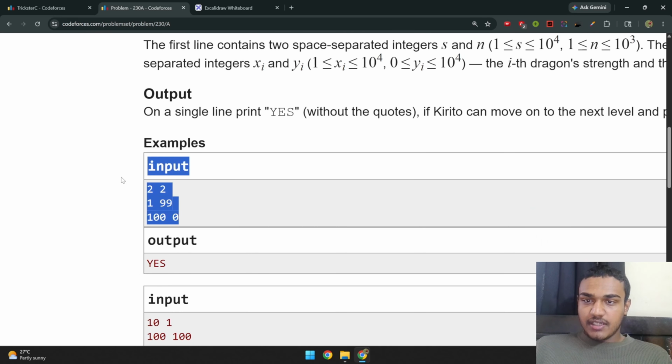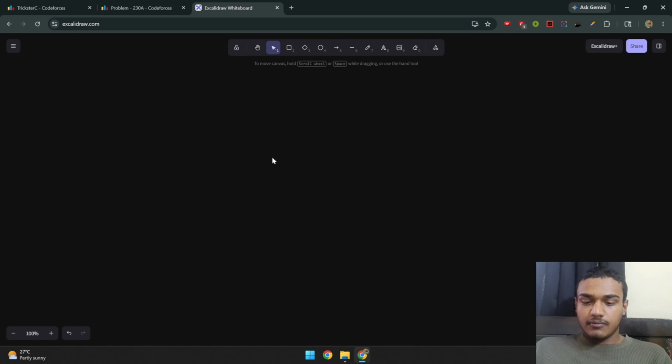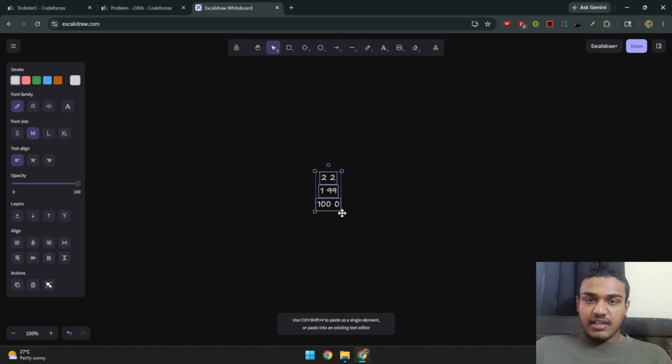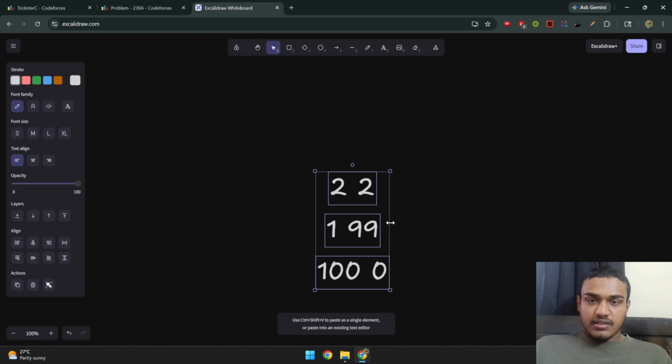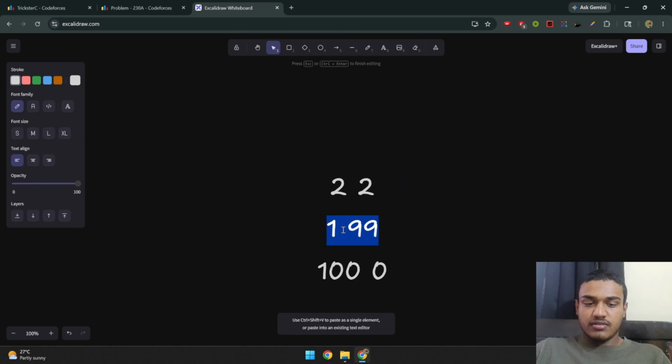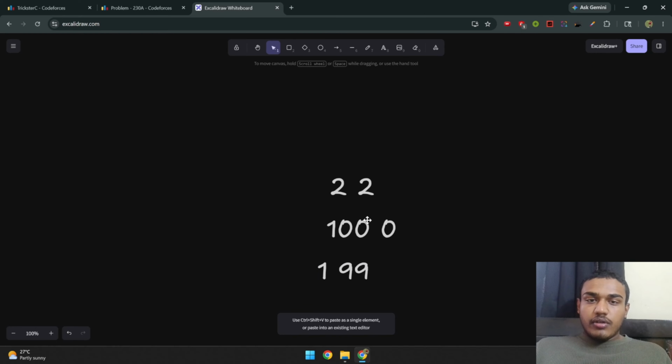If I had to write this down, let's say I switch the numbers such that it looks like 100, 0, and 1, 99. If our player starts with the initial strength of 2, and they encounter a dragon with the strength 100 on their very first turn, since their strength is 2, they cannot defeat this dragon and don't survive.